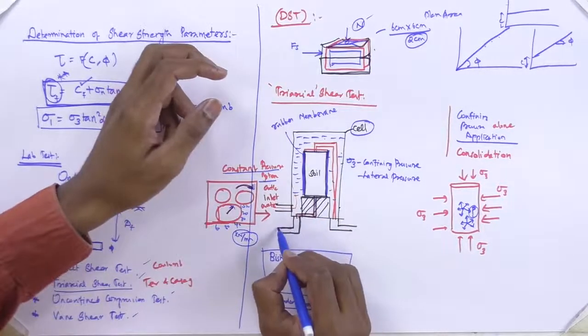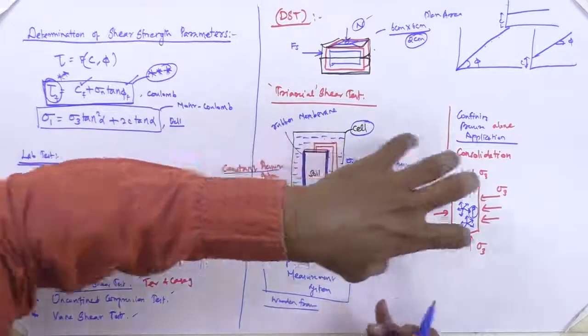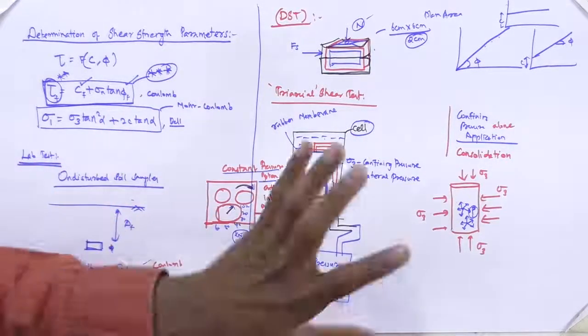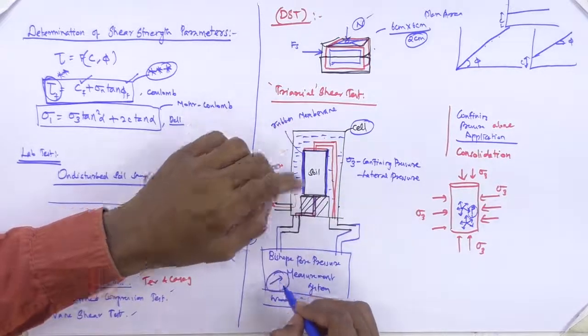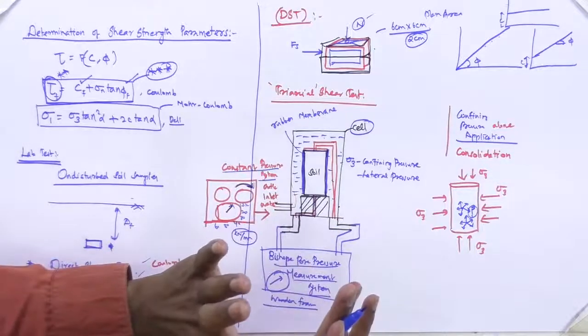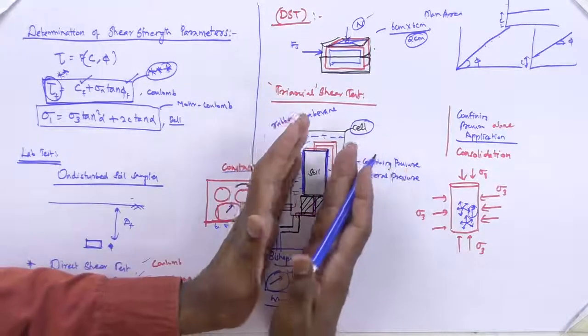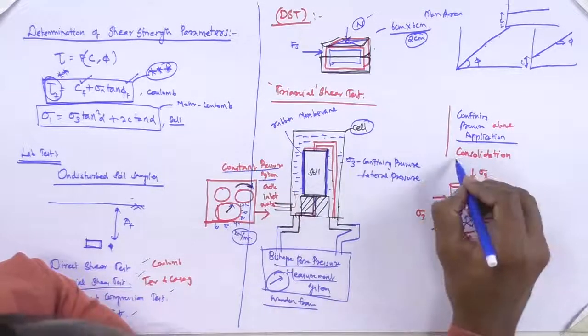Once isotropic consolidation happens and the pore water pressure is developed, the value of this pore water pressure can be found through this Bishop's pore water pressure measurement system. So the consolidation is going to happen. This is the consolidation stage.